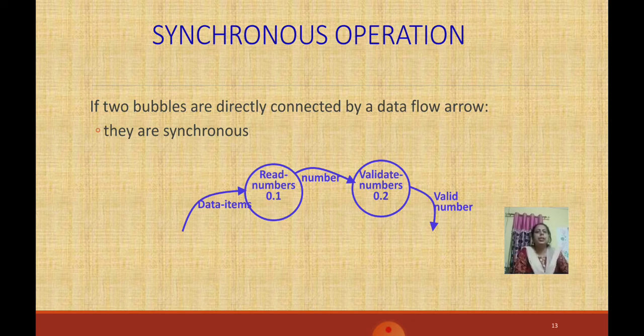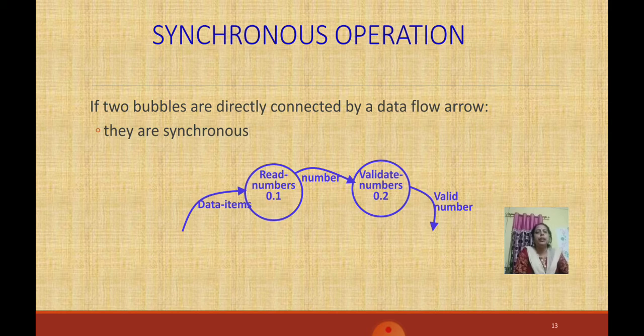Then next is synchronous operation. If two bubbles are directly connected by a data flow arrow, they are synchronous. Means if two bubbles are directly connected through a data flow, that is known as synchronous operation.